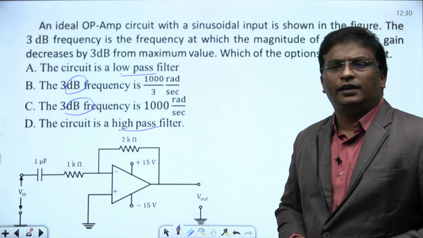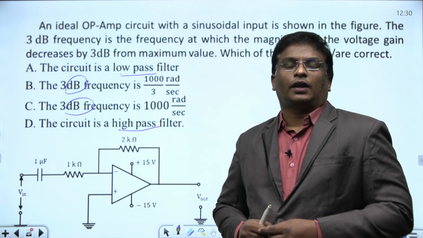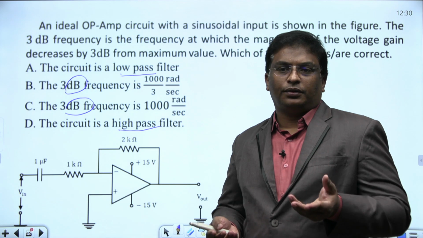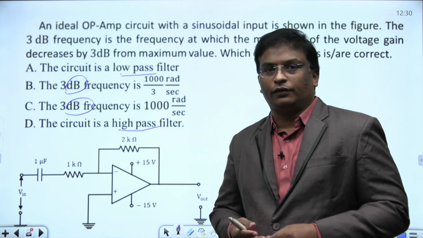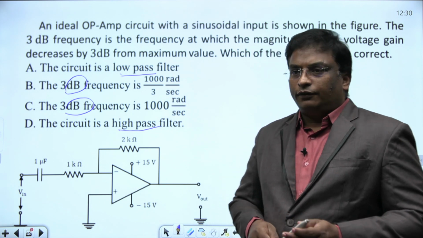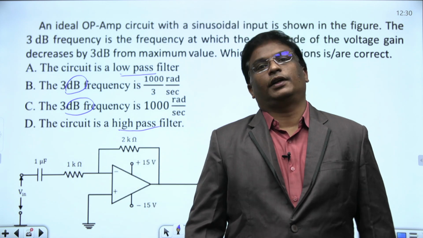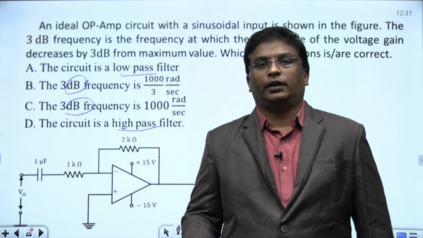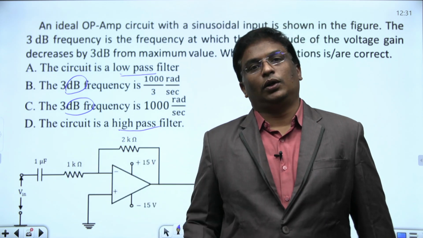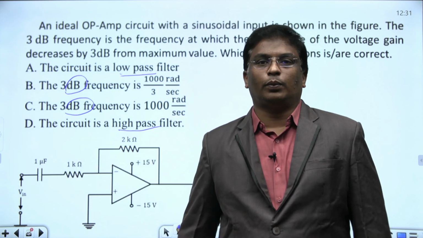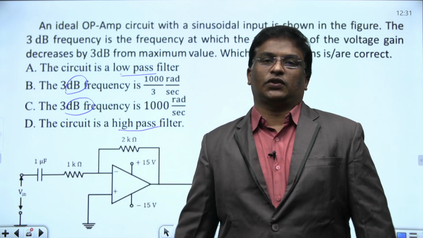Here we discussed filters: we write the transfer function, then substitute omega 0, omega infinity, or s equal to 0, s equal to infinity, or f equal to 0, f equal to infinity. If the filter passes only low frequencies and not high frequencies, it is called a low pass filter. Allowing only high frequencies and not low frequencies is a high pass filter. Allowing only a band of frequencies is a band pass filter.